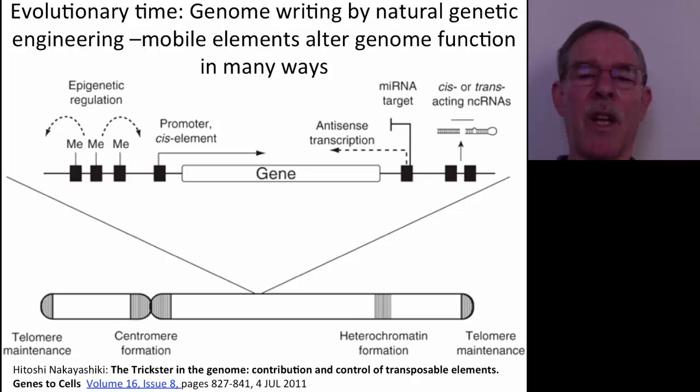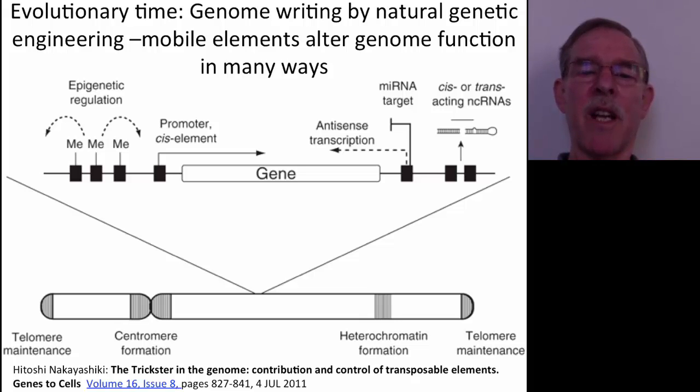So inserted mobile elements can provide new signals for epigenetic regulation, and indeed many epigenetically imprinted loci contain mobile element segments as the imprinted element, which allows the epigenetic modification.